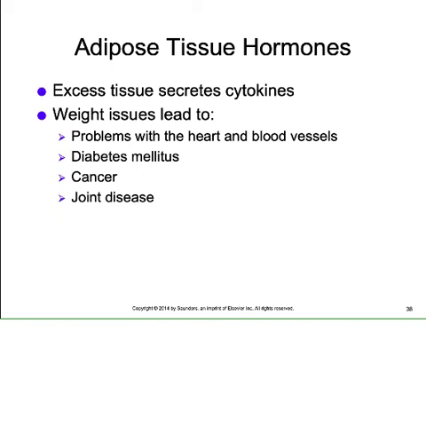This is one of the reasons why if you eat a lot and have a high calorie content, this raises your blood cholesterol and your blood triglycerides, and that can accumulate as plaque on the walls of arteries, and that makes you a greater risk for heart attack and stroke.